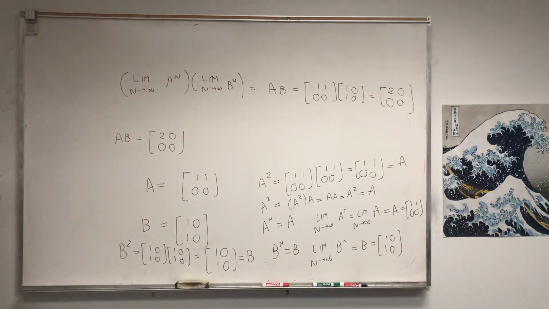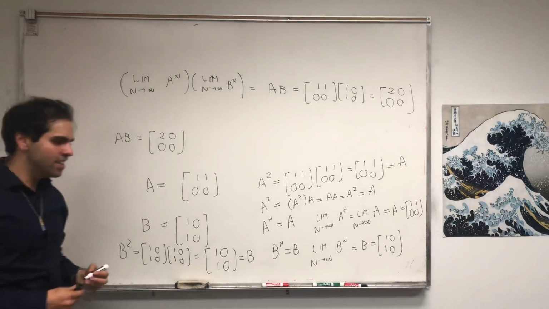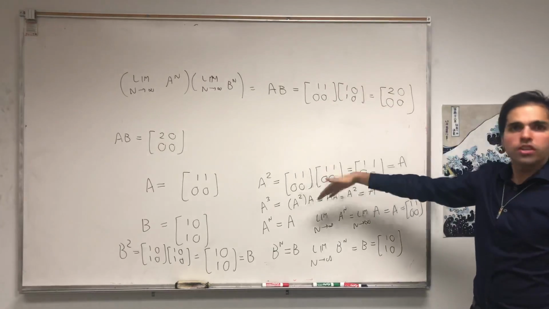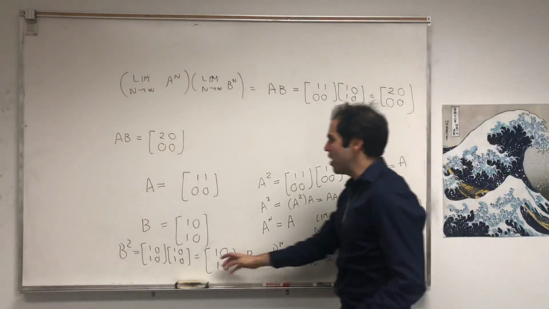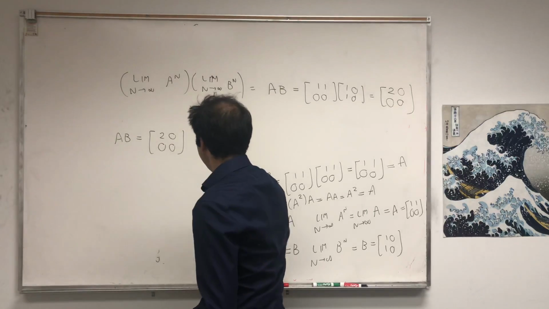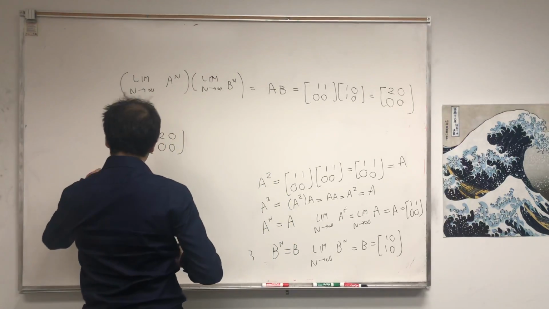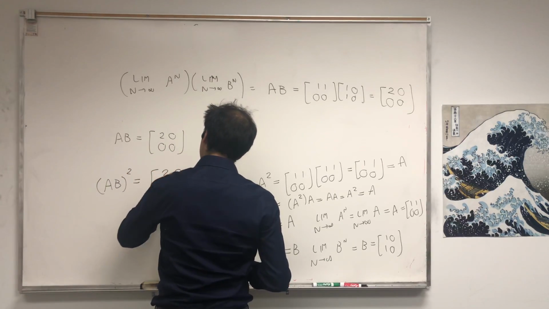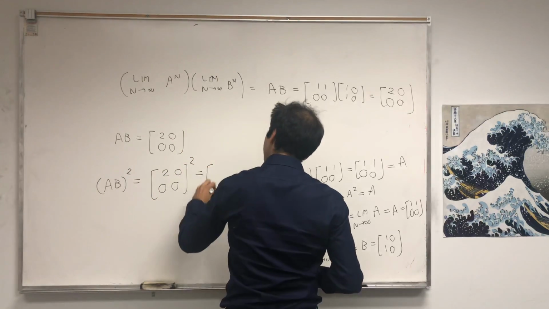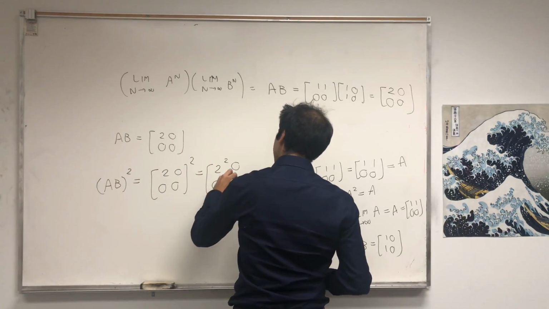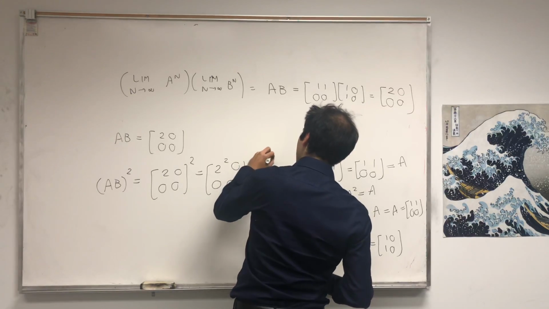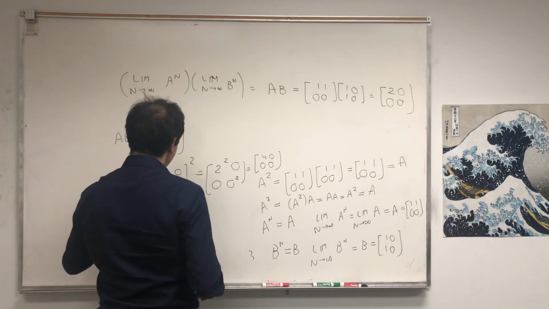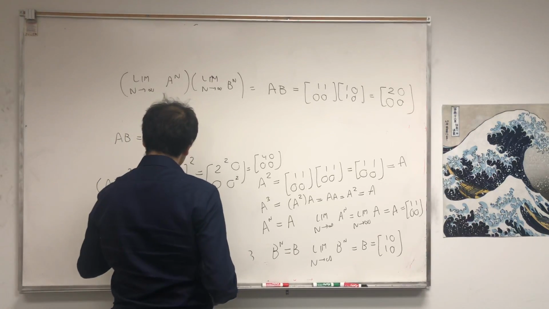But look, this is just a diagonal matrix. And the nice thing is, if a matrix is diagonal, to calculate any power you just raise the diagonal entries to that power. So (AB) squared would be 2, 0, 0, 0 squared, which is 2 squared, 0, 0, 0 squared, and that's 4, 0, 0, 0. In particular, (AB) to the n would be 2 to the n, 0, 0, 0.